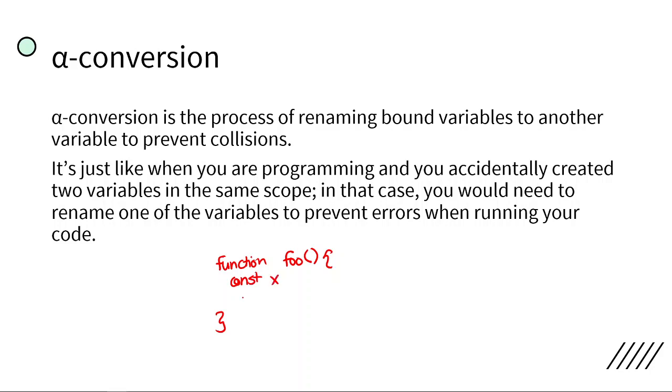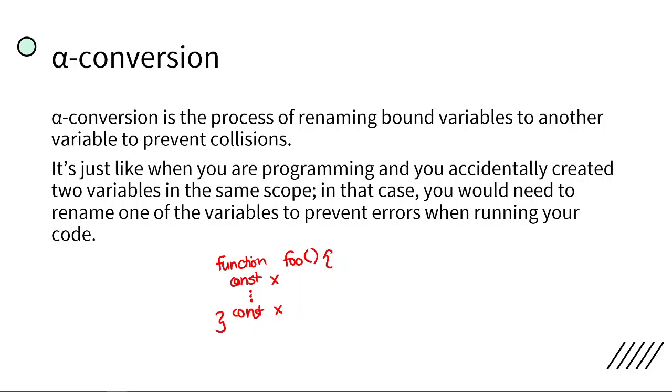Ay, x na lang. Then after that, here below, I define const x. So in JavaScript, this will error, because I defined two x's. The interpreter gets confused about which x you mean. Is it the first one or the second one?